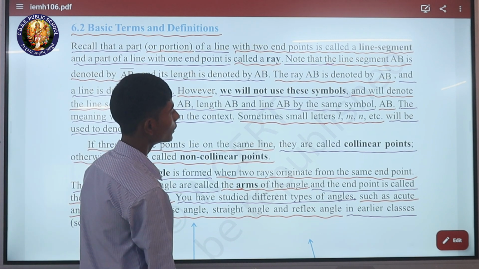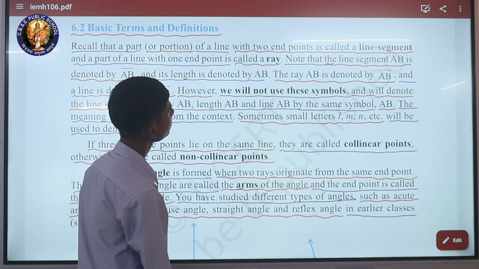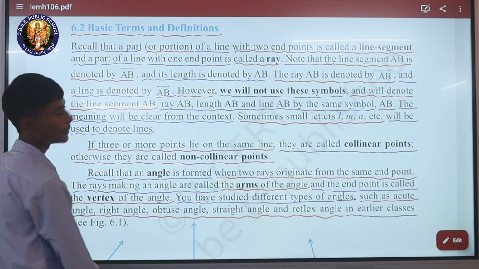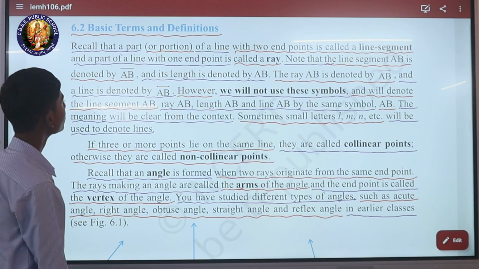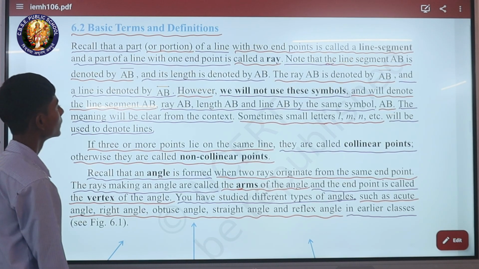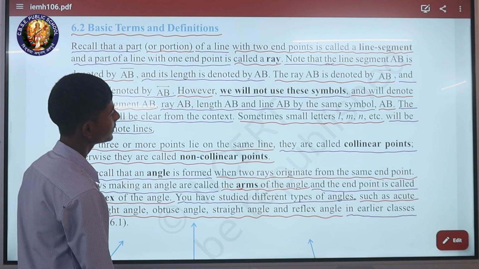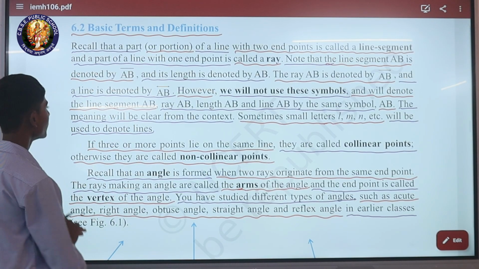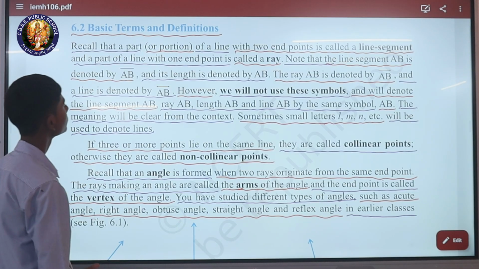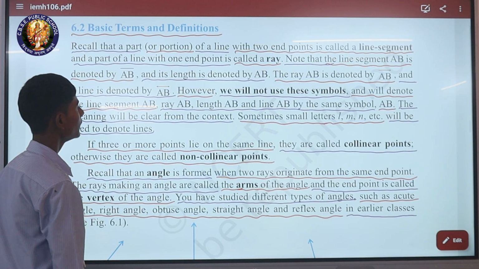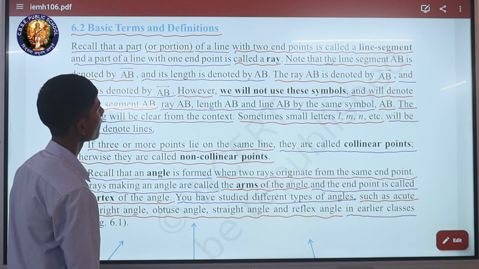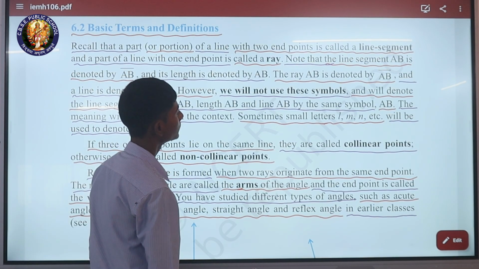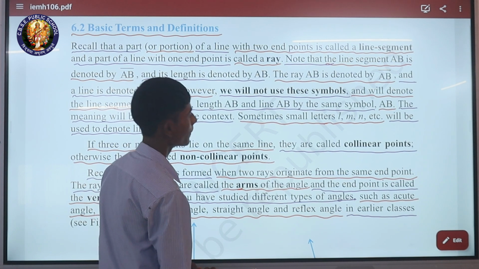The ray AB is denoted by AB and the line is denoted by AB. However, we will not use these symbols and will denote the line segment AB, ray AB, length AB and line AB by the same symbol AB.